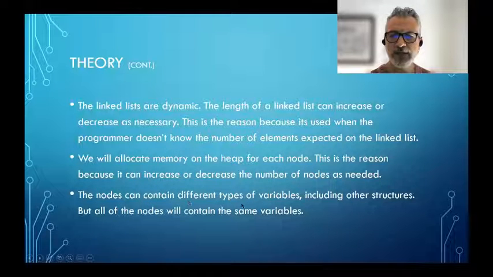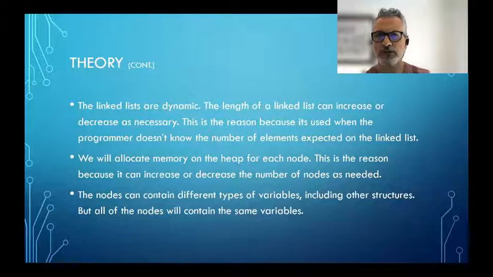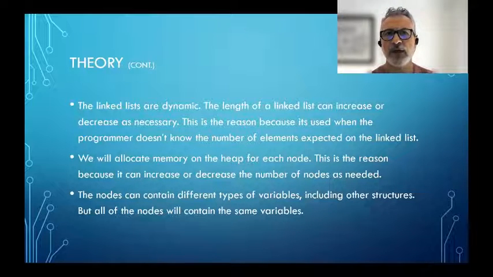The nodes can contain different types of variables, including other structures, but all the nodes will contain the same variables. I mean, each box has the same types of variables as the next box. Why? Because the variable that links or connects to the next box is going to be a pointer, and that pointer has to be declared with the type of variable it is pointing to.